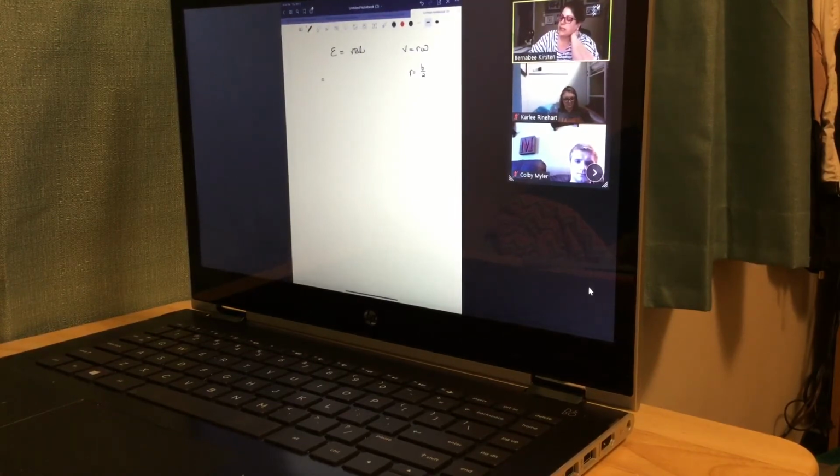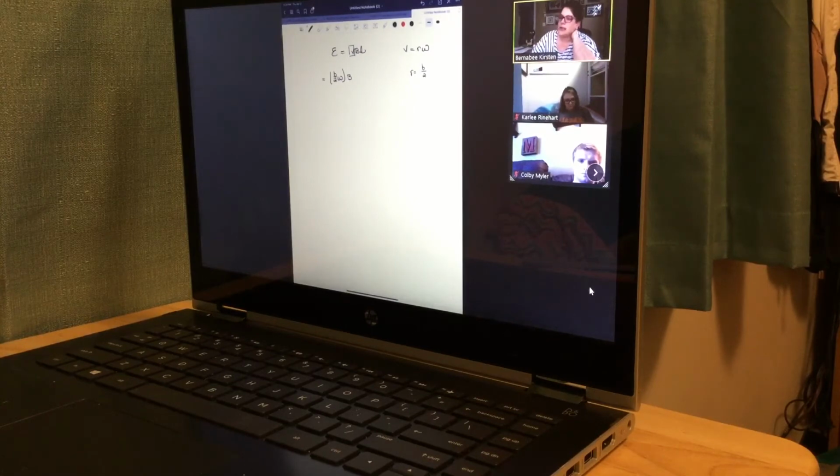So in place of v, I'm going to put in R omega, and R is b over 2. And in that other picture, that rotating square loop, the length of the conductor, the length of this side, I called that a.